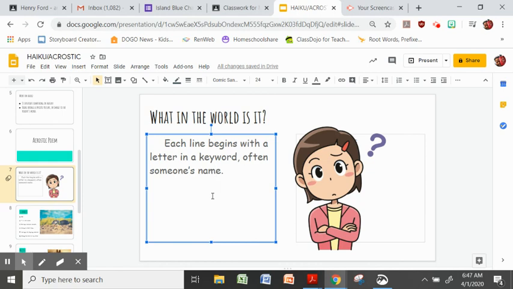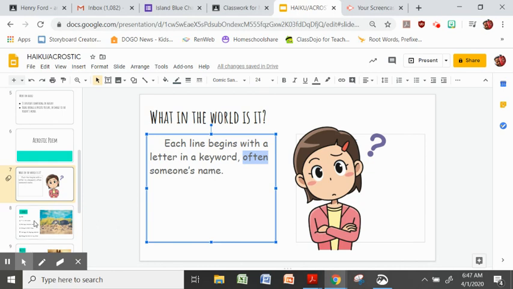Okay, so I'm going to show you examples of that. Now, this says "often" because it does not mean it's all the time. Okay, so you pick somebody's name and then you can create a poem. So I'm sure you've seen this, you just don't know the term for it.